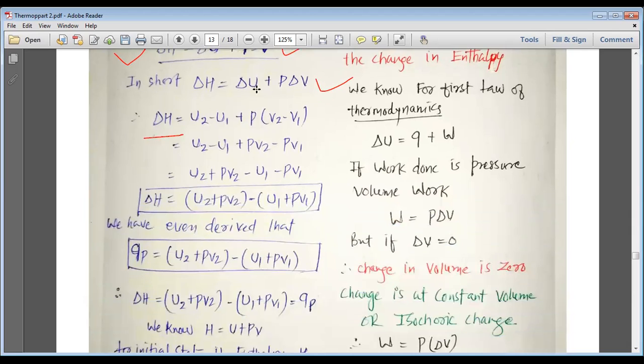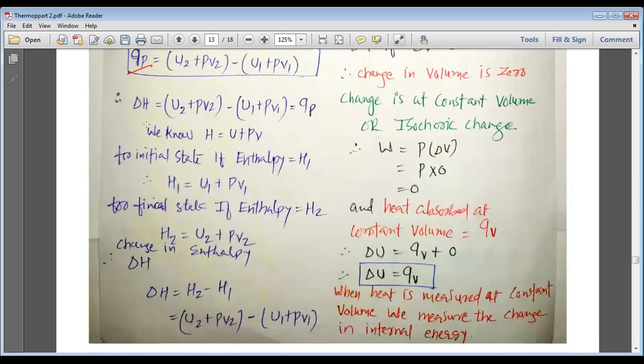So this is the kind of equation that we get for the change in the enthalpy. Now, my dear students, we are aware that delta U is nothing but U2 minus U1, and delta V is V2 minus V1. By simplification, we can see that delta H is equal to (U2 plus PV2) minus (U1 plus PV1), or we can write it as delta (U plus PV). So again, we have seen that QP is equal to delta (U plus PV), delta H is also equal to delta (U plus PV), and that is why finally we can say that delta H is equal to QP.